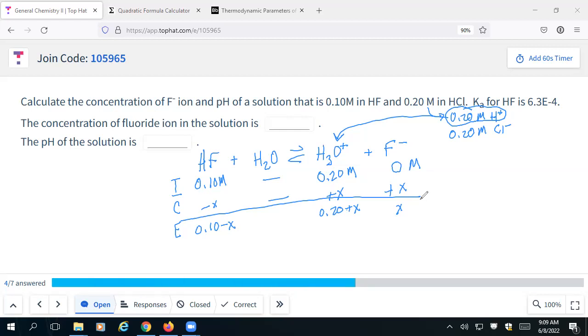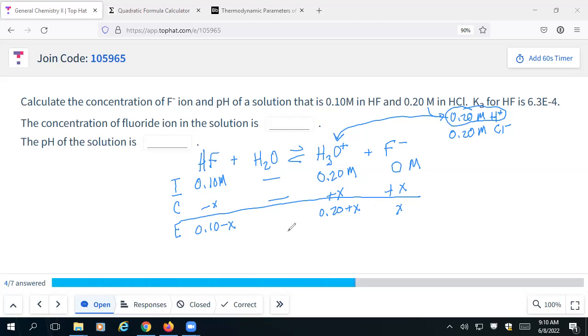Now, this example is a little bit closer than the first one we did, but we could use the 5% approximation here. And it really wouldn't make too big of a difference on our values.